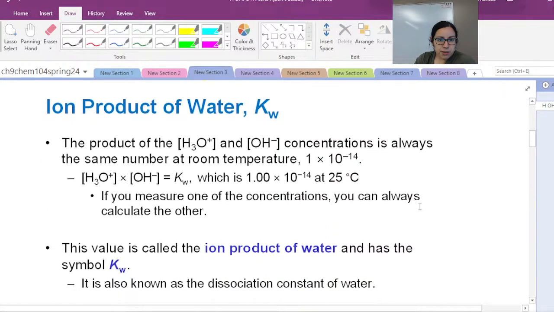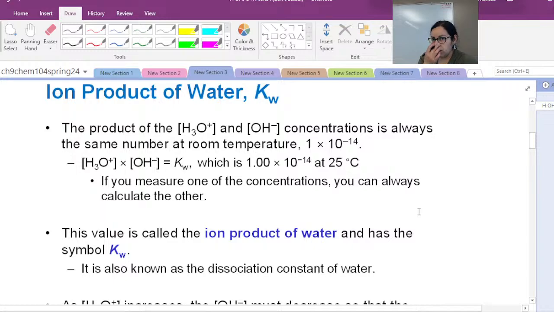The other important relationship, which tells us why it goes to 14, is that our product is always the same. Our concentration of hydronium times hydroxide always has to equal 1 times 10 to the negative 14.